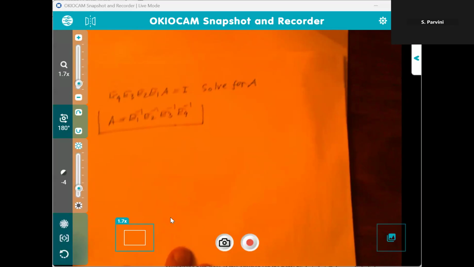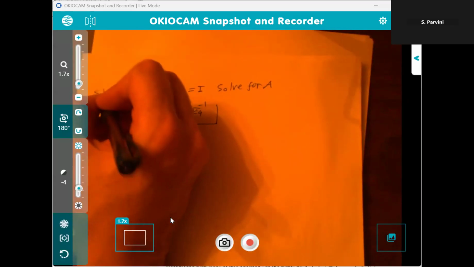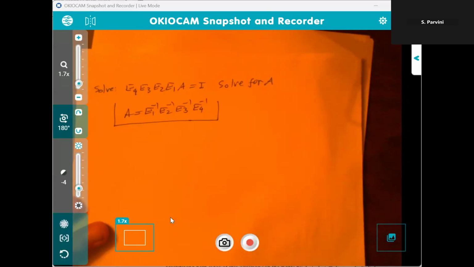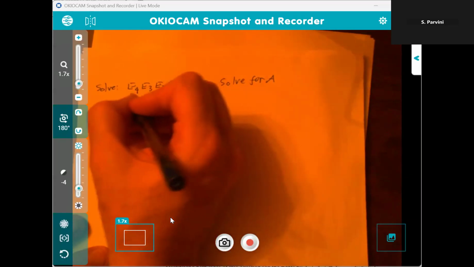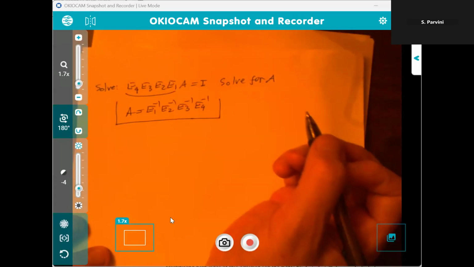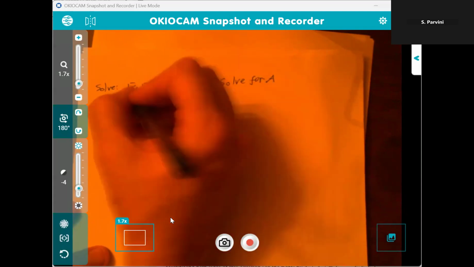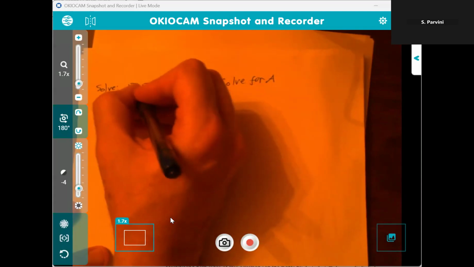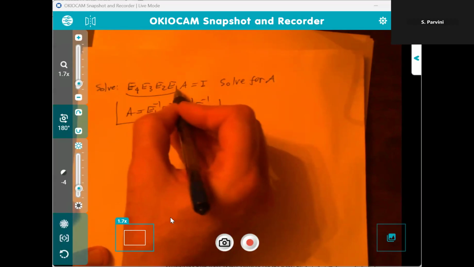So this is what we want to solve here. Again, this is solve for A, right? Now, all of these form a matrix, right? It's a matrix product, E4, 3, 2, 1.